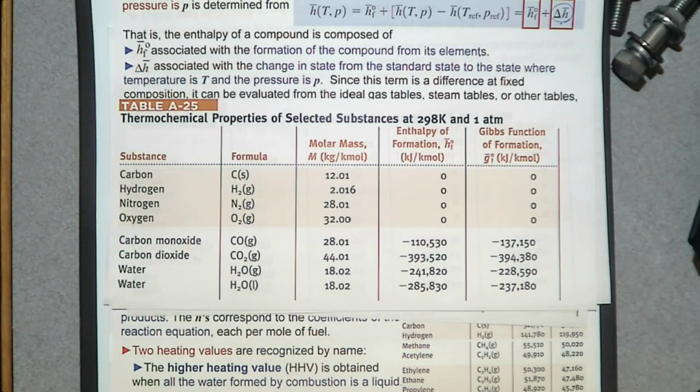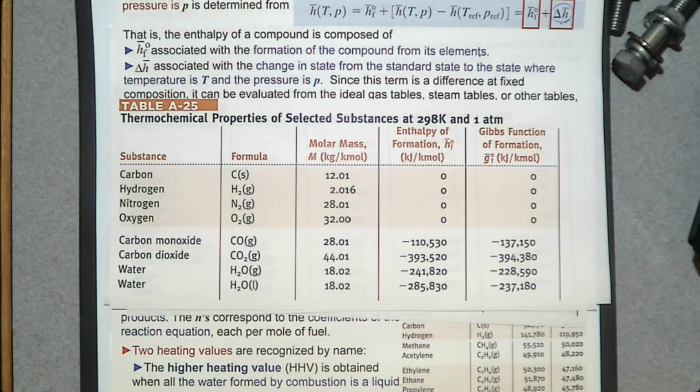If the final product is liquid water, more heat is removed from the reaction because water needs to be condensed down to become a liquid. But if the final product is water vapor, then water vapor has more energy than liquid water, so less energy is released.